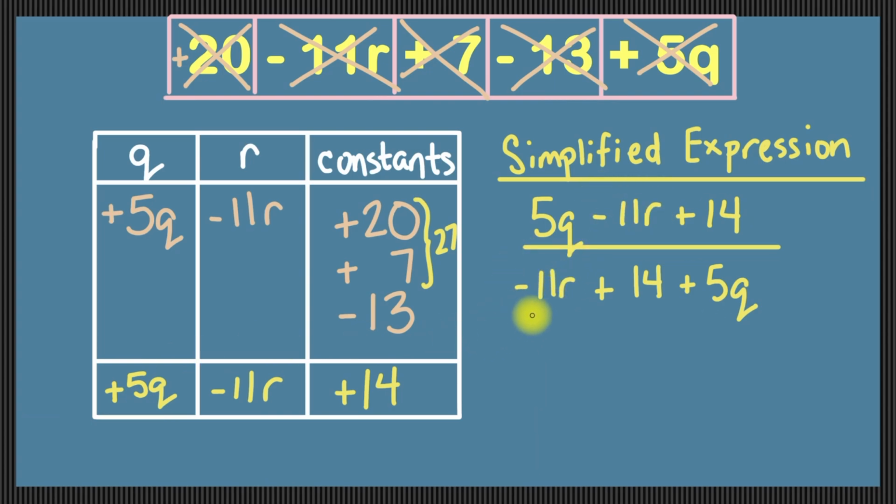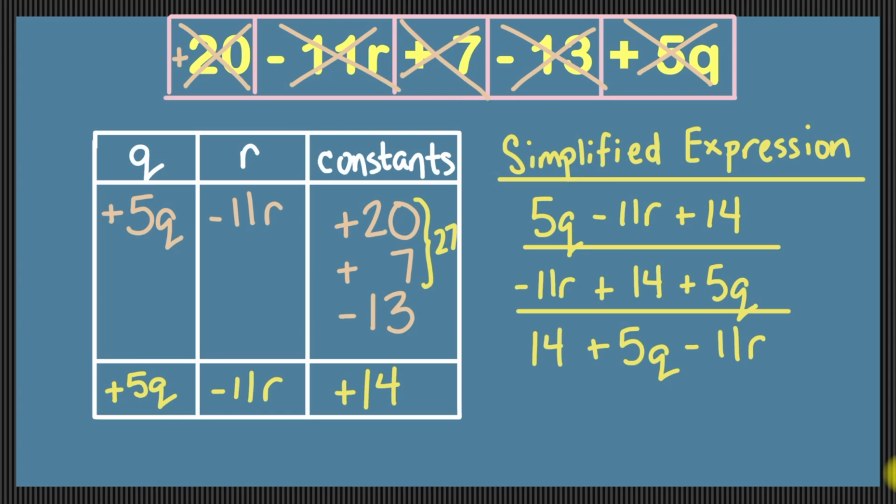We could even write it another way. We could write it with the constant first. We could write it as 14, then positive 5q, then negative 11r. And as an expression, we would read it as 14 plus 5q minus 11r.